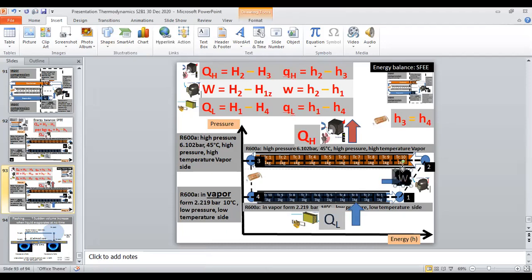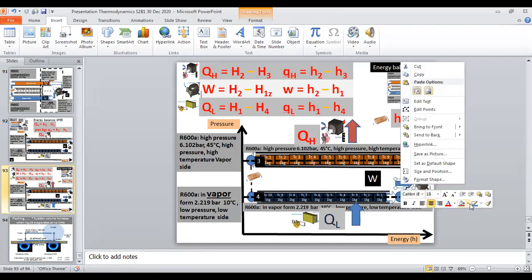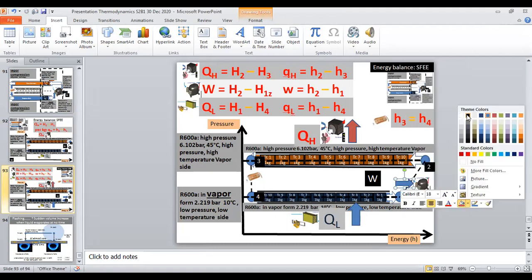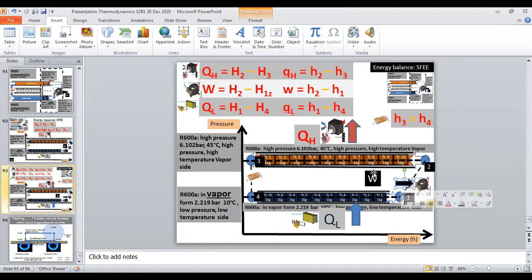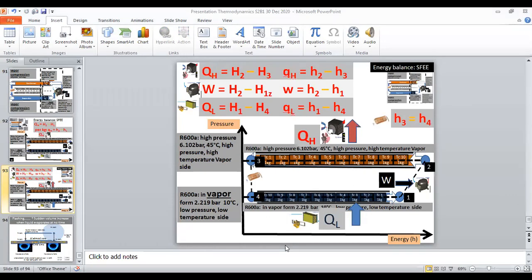You can see this component, we call it the compressor here. This component is for the purpose of dispatching the transport. To operate, the component needs energy, which we call W. And this is the metering device.